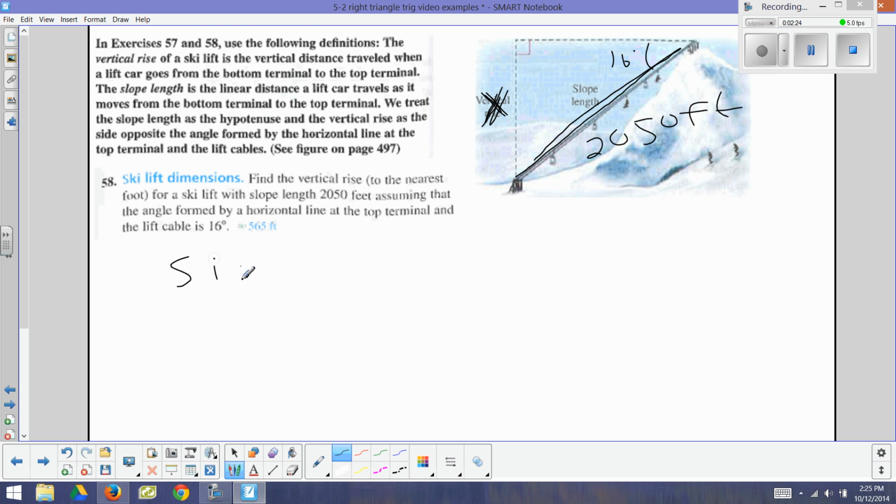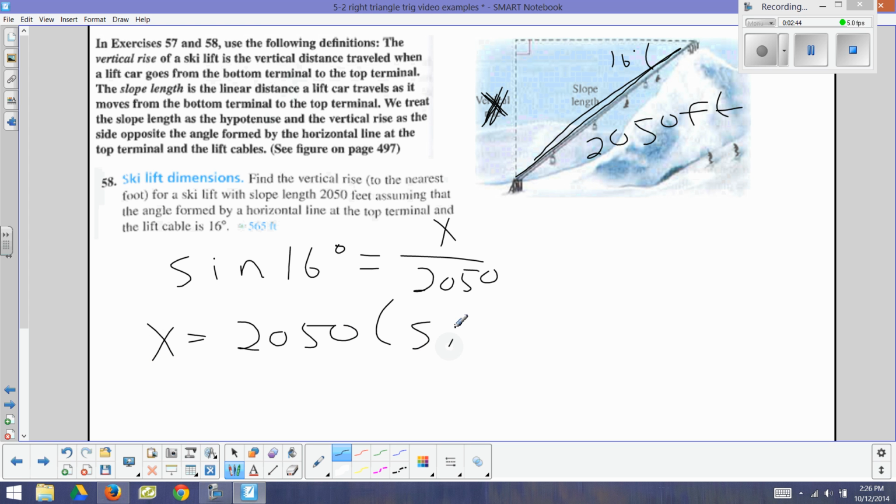Sine is a trig function that uses opposite and hypotenuse. So the sine of 16 degrees is equal to my opposite over my hypotenuse. So my x is equal to 2,050 times the sine of 16 degrees.